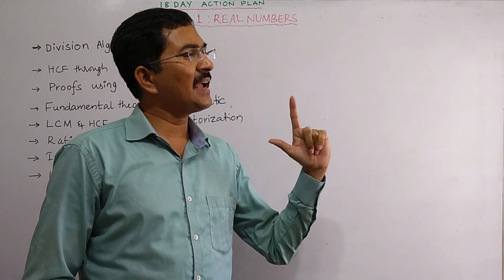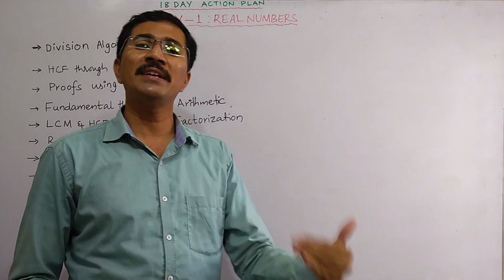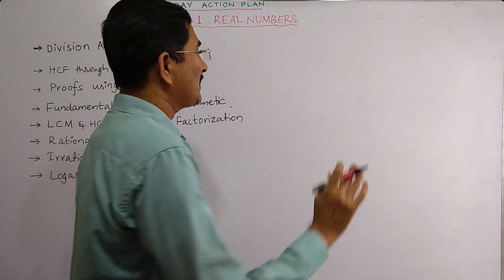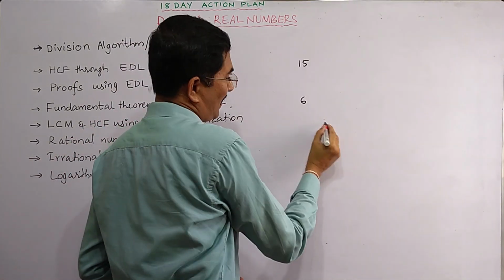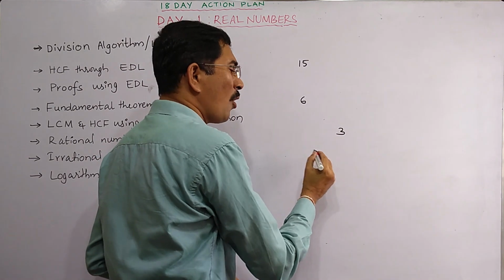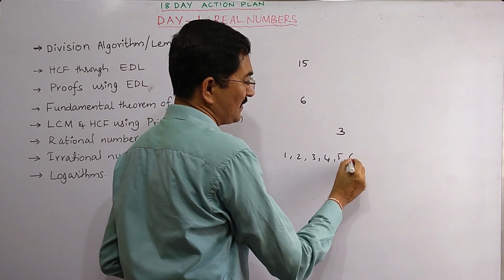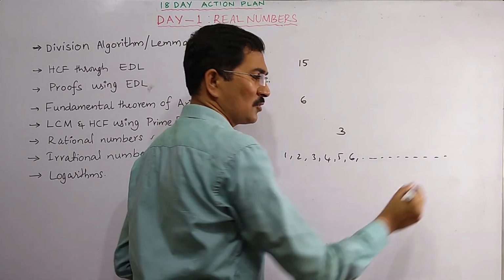When you're converting a p by q form into decimal form, there may arise different cases. So for example, if you take any number like 3, whatever it is, and go on dividing it by 1, 2, 3, 4, 5, 6, and so on.